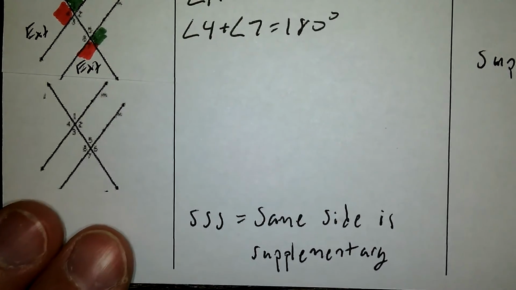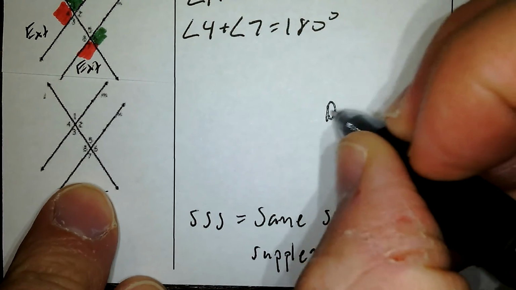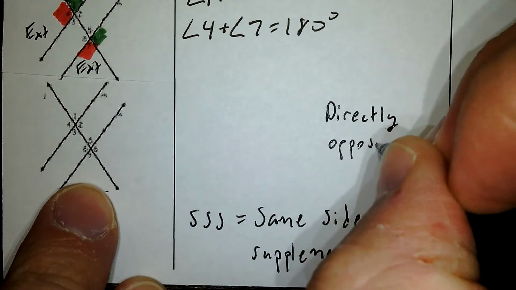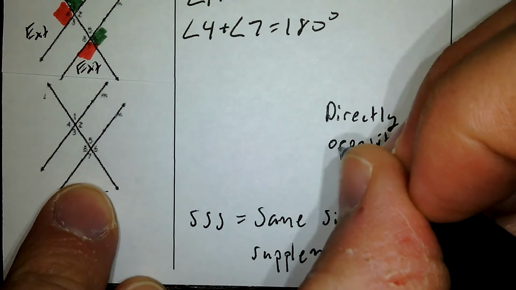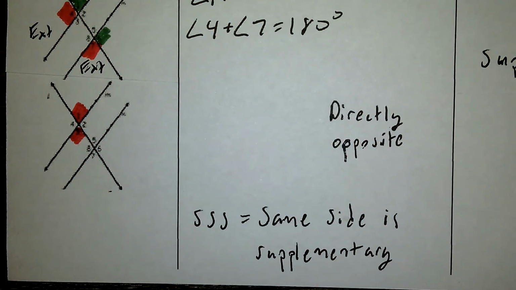Okay, the last one we're looking at is vertical pairs. Vertical pairs are angles that are directly opposite each other. For example, 1 and 3 would be considered vertical pairs.